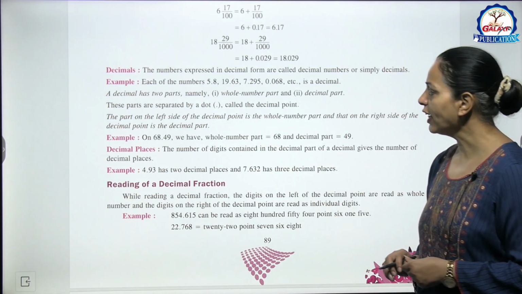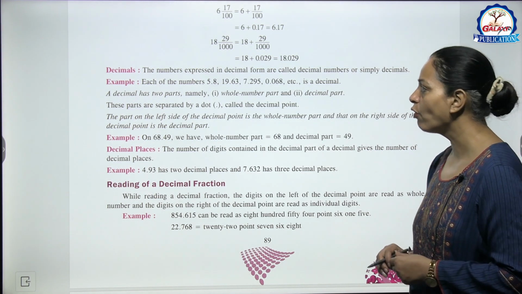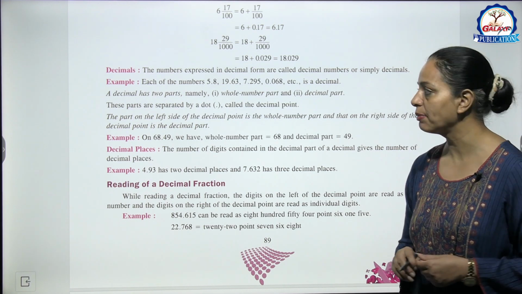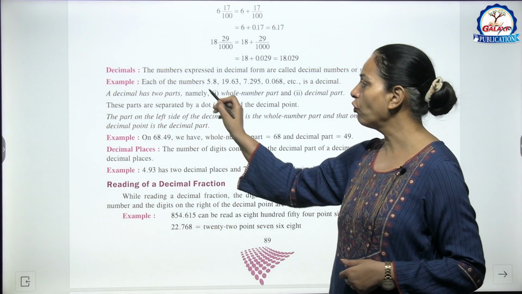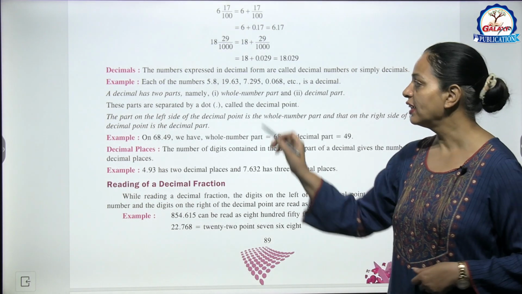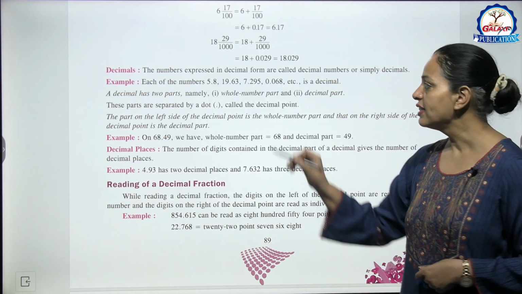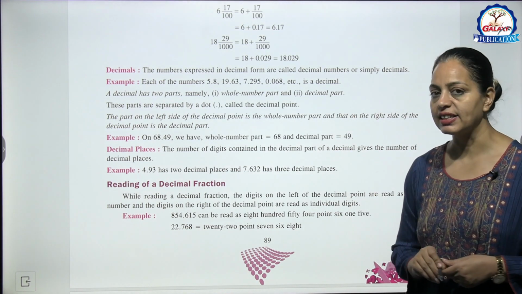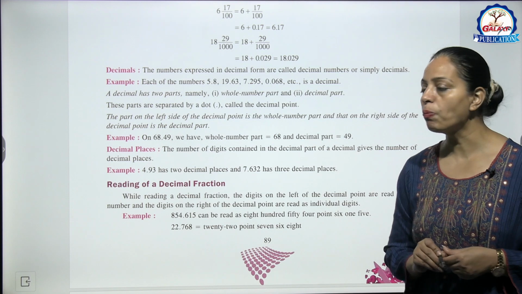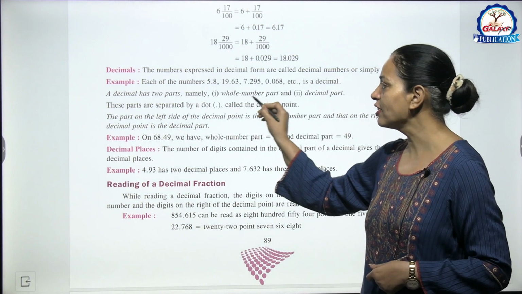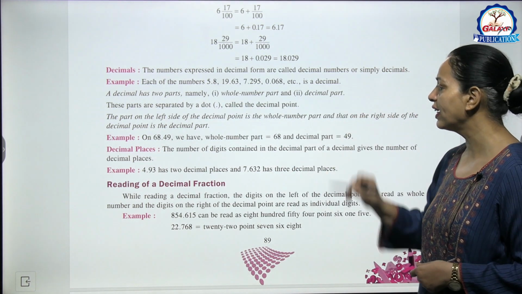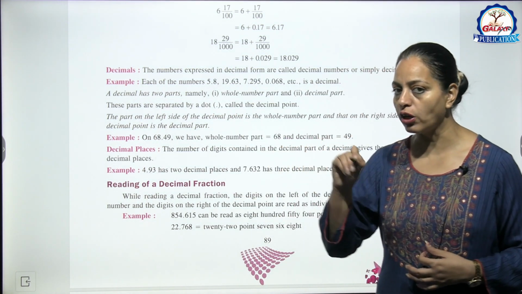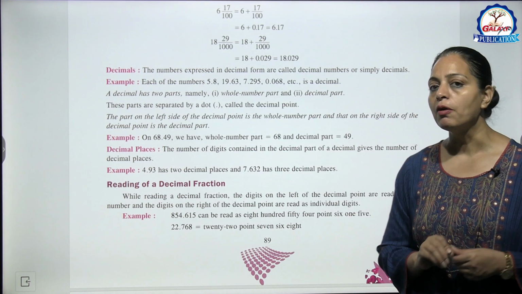Okay. The next we have decimals. The numbers expressed in decimal form are called decimal numbers or simply decimals. For example, each of the numbers 5.8, 19.63, 7.295, etc. is a decimal. A decimal has two parts, namely the first is the whole number part and the second is the decimal part, and these two parts are separated by a dot which is called the decimal point.